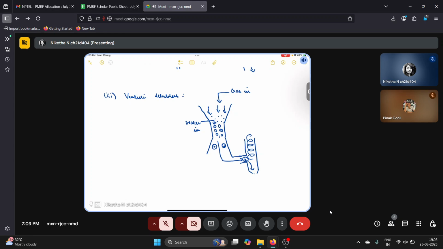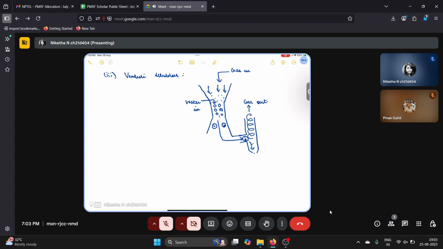The particles get attached to water, and because of the force of gravity they come out, but the air will come from the top. So here the slurry is collected.